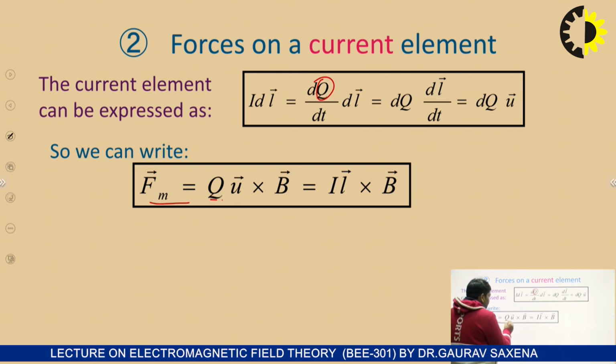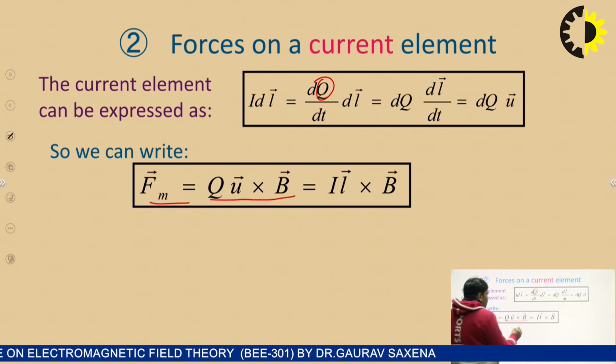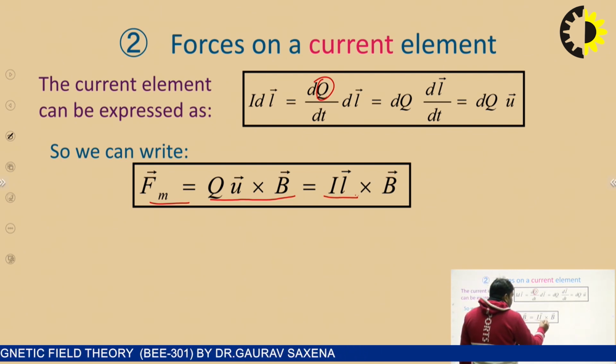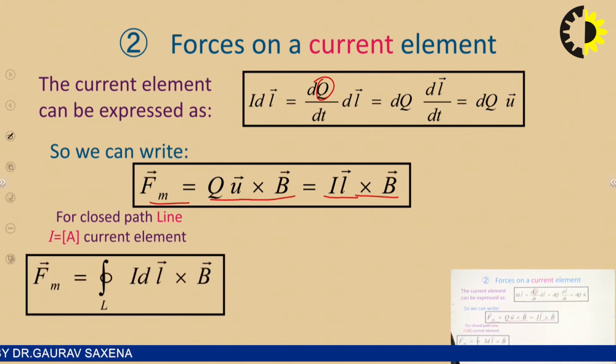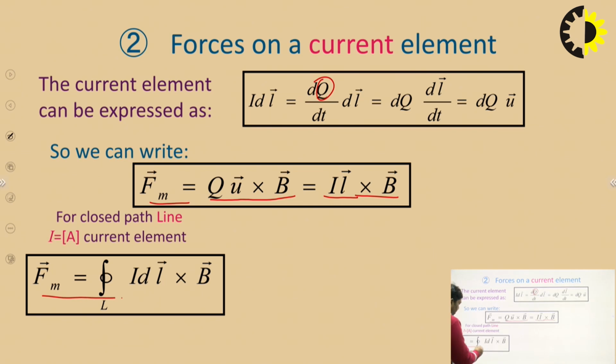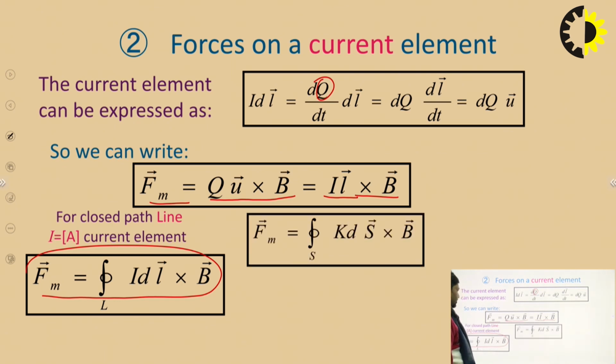We know that F is equal to q u cross B, or we can say I dl cross B. For a closed path line where I is the current element, the magnetic force is equal to I dl cross B, which is perpendicular to the ideal current element and the magnetic flux density. So we can easily calculate the magnetic force by using the formula I dl cross B.